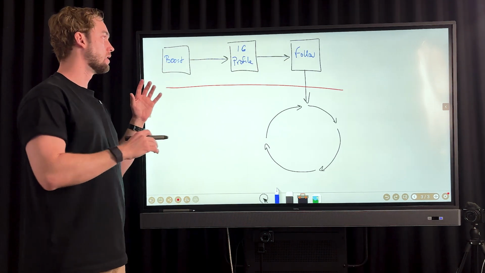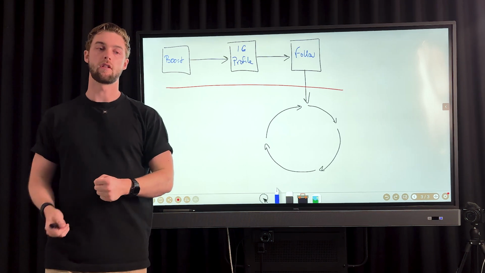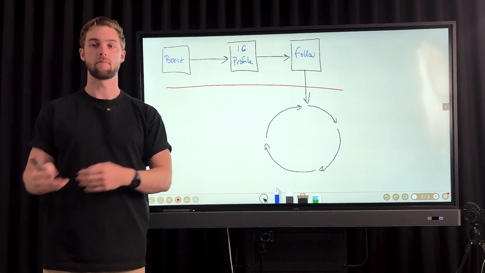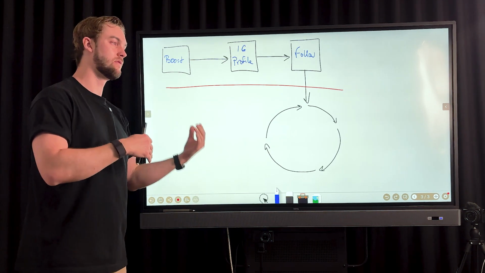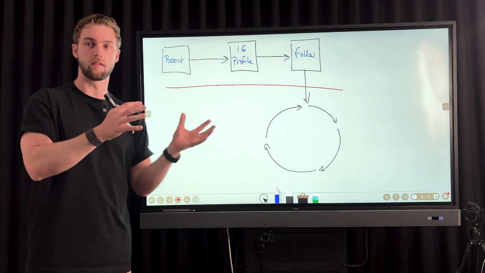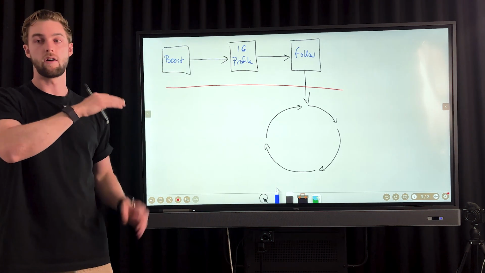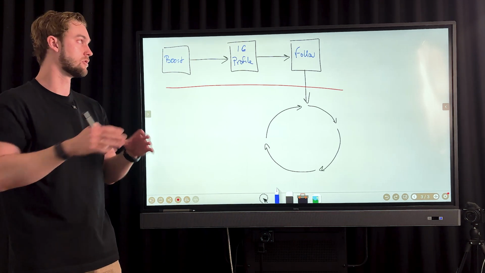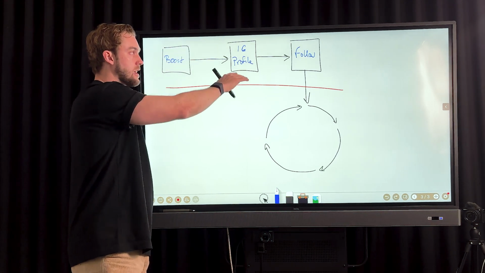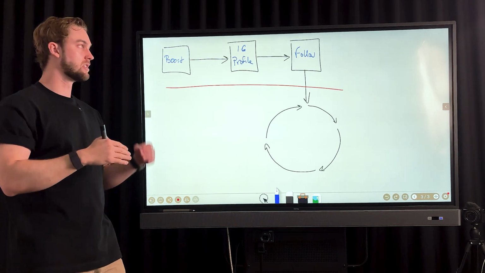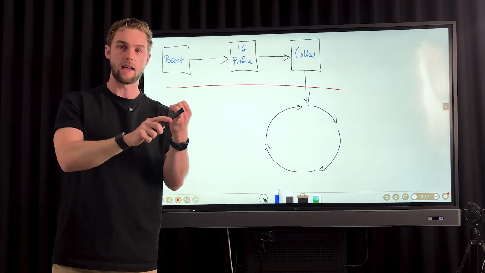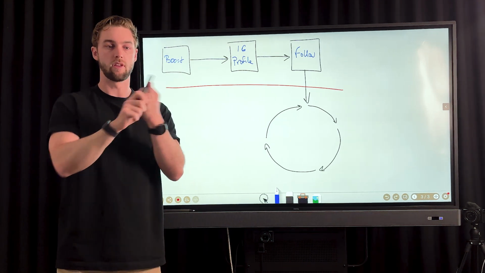If they don't like the look of your profile, if you aren't showing them that you can help them get a certain outcome they want, if you aren't likable, all of those little elements need to be ticked off as well. We have a whole process for optimizing your Instagram profile that we teach our students. When somebody comes to your profile, they see your name and your bio, which should be a really clear promise.